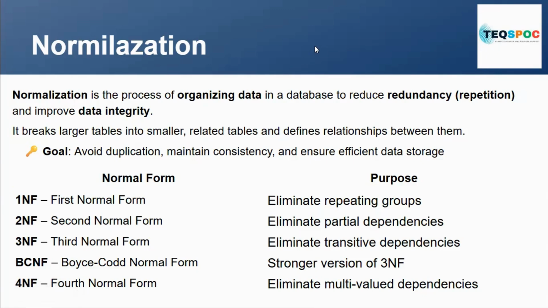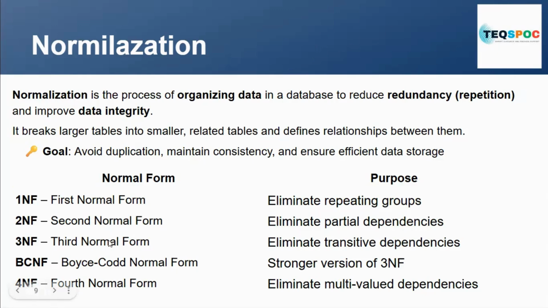1NF, 2NF, 3NF, BCNF. So we have different types of normalization. 1NF, the first normal form, eliminates the repeating groups. Then 2NF, the second normal form, eliminates the partial dependencies.